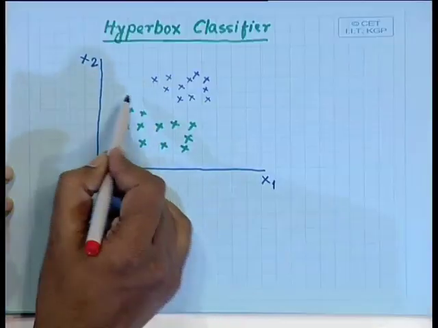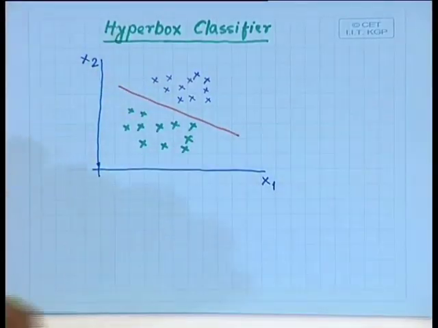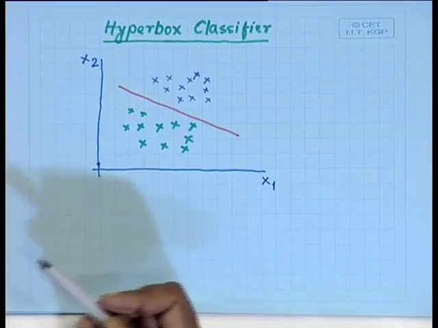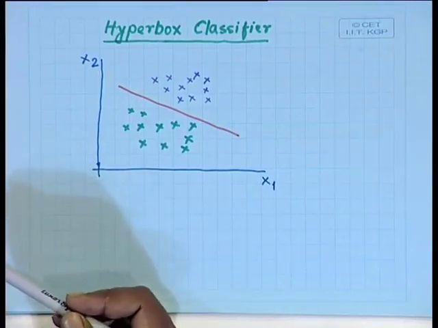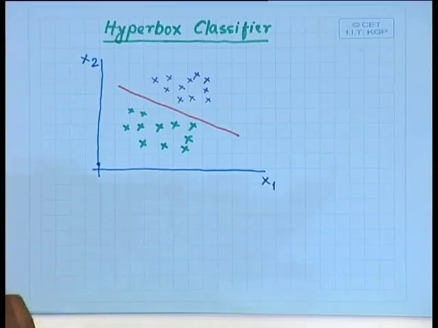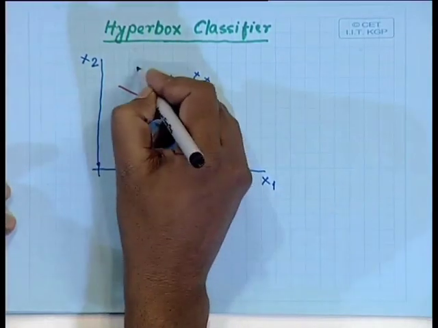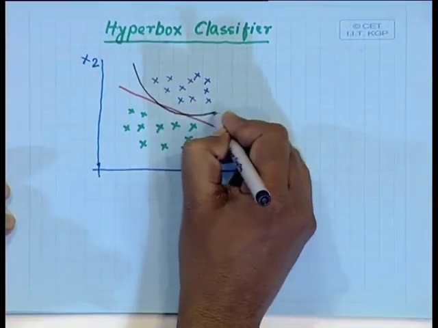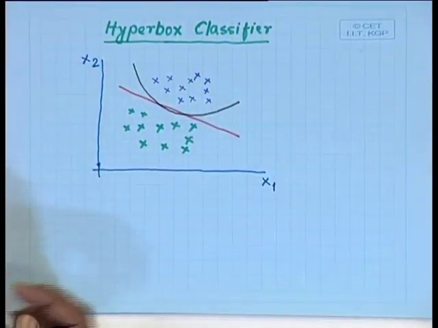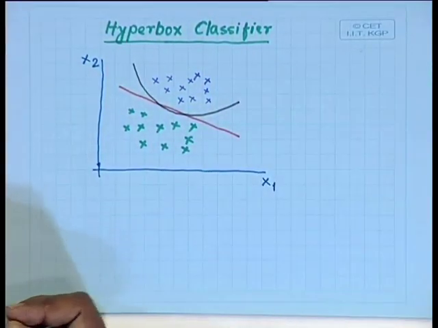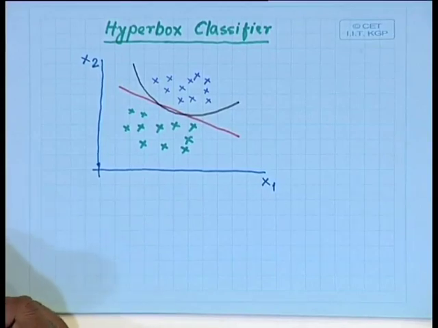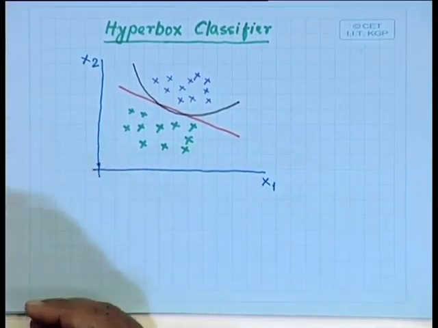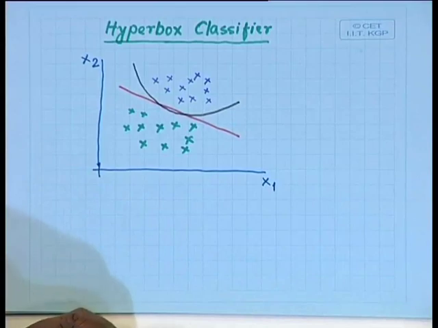So, either I can have a linear boundary something like this, in which case the classes will be called linearly separable, or I should be able to have a nonlinear boundary something like this, in which case the classes are linearly non-separable.